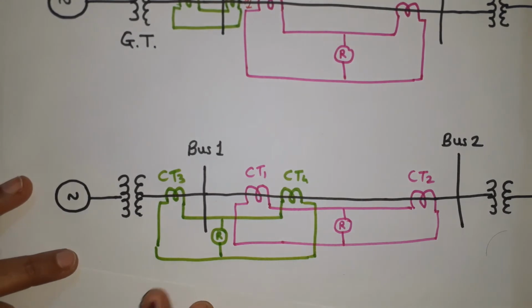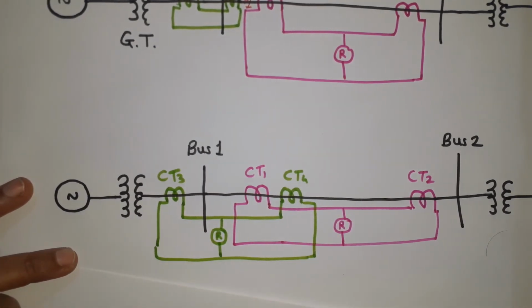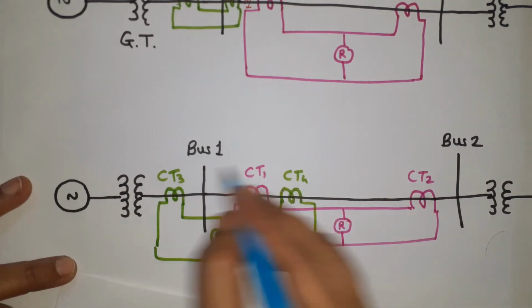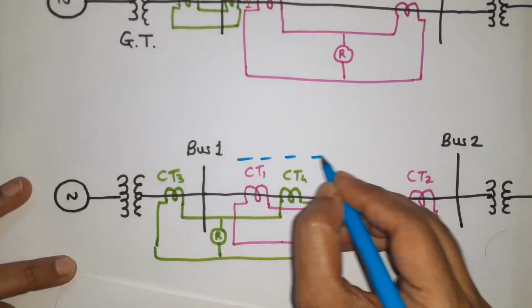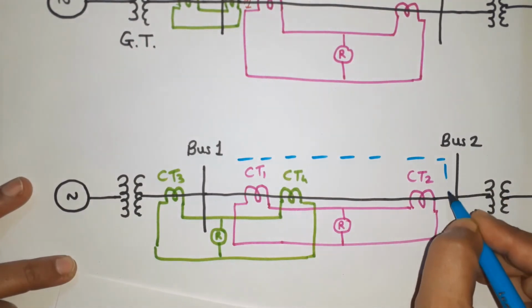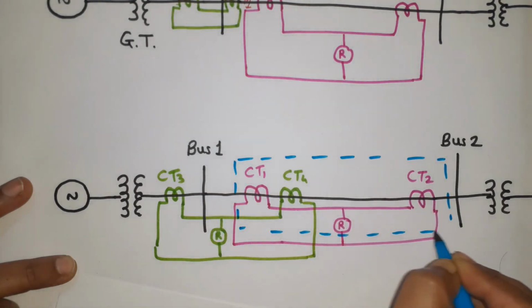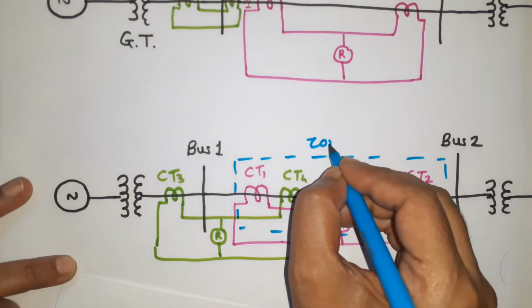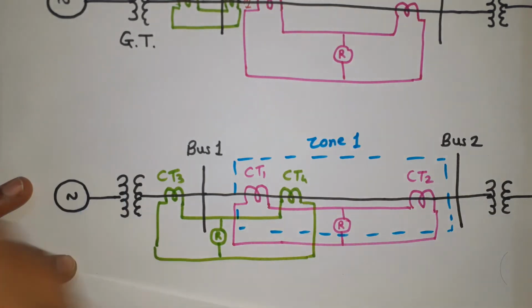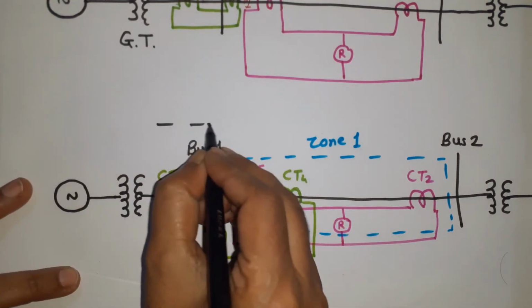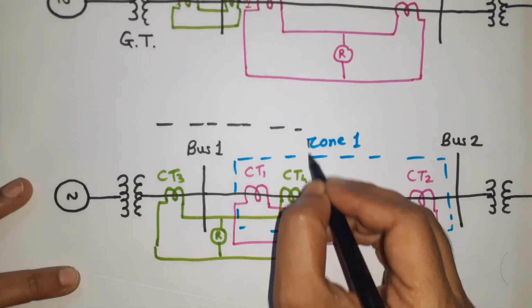So the zone of protection provided to the transmission line is this. This is my zone of protection 1, and the other is here. For the bus, this is my protection zone.